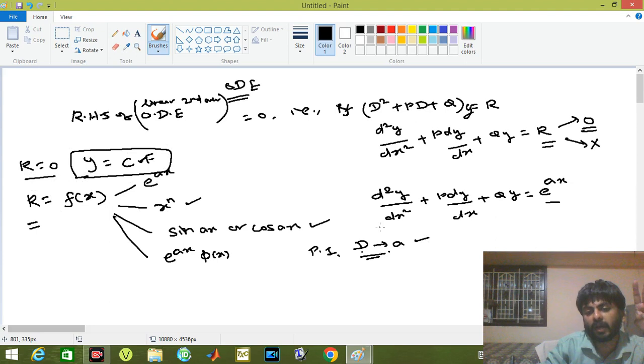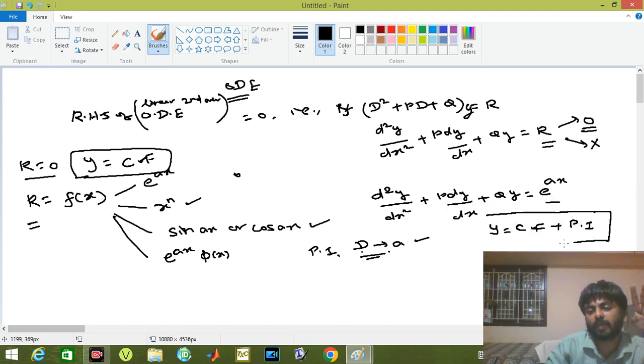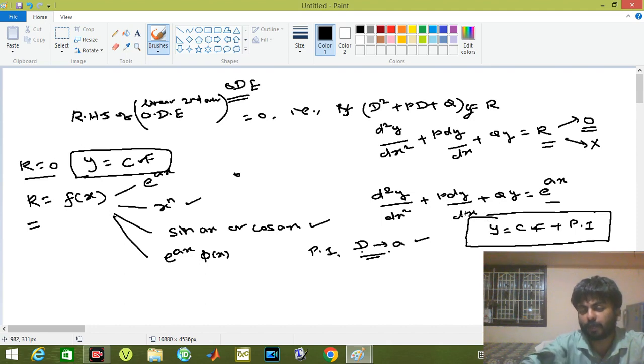When you have r equal to e power ax, then y equal to CF plus PI will be the solution. Keep only these things in mind. Don't get confused.